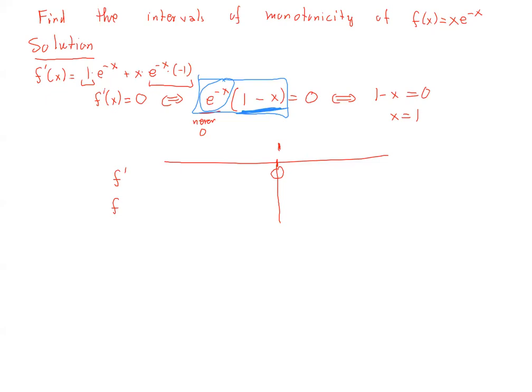So for example, if we take x to be 0, which is on the left of 1, we will find 1 in that parenthesis. And this means that the derivative is positive on the left. And if we plug in 2, which is a testing point on the right of 1, we will find negative 1. And this is negative on the right, which means that the function is increasing here and decreasing there.